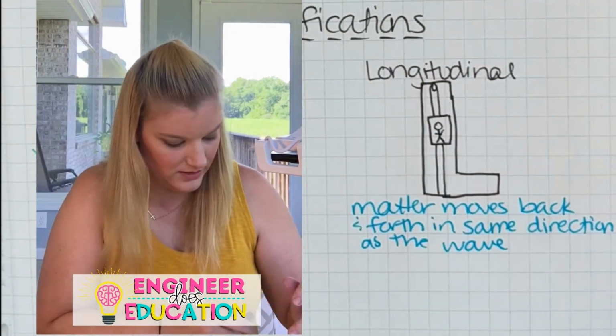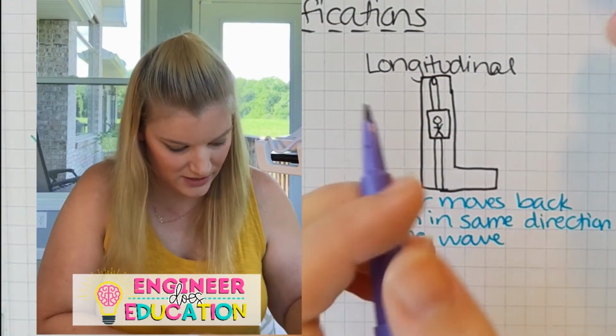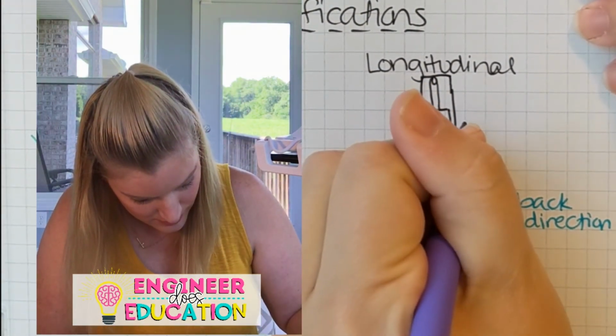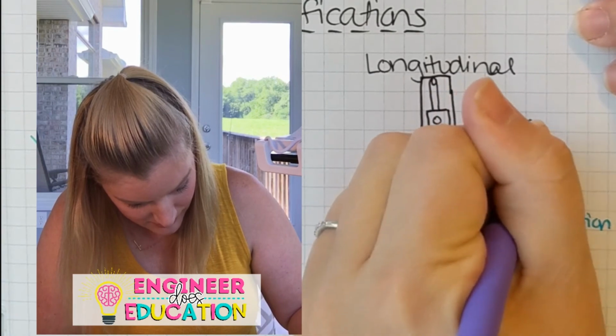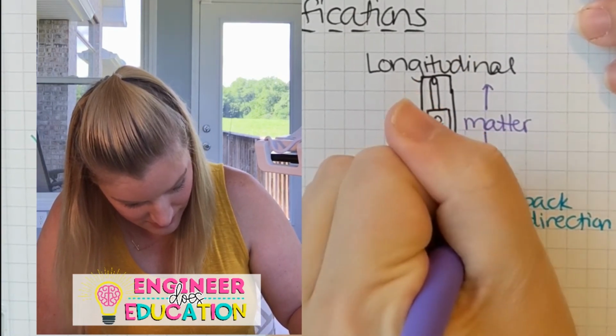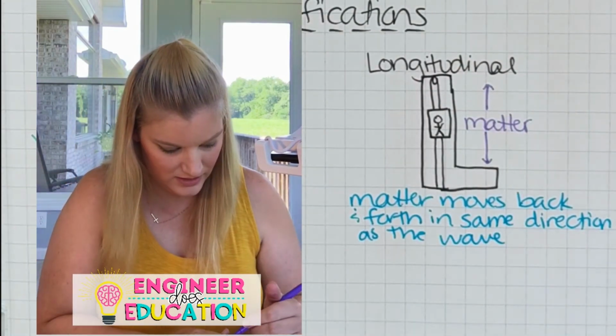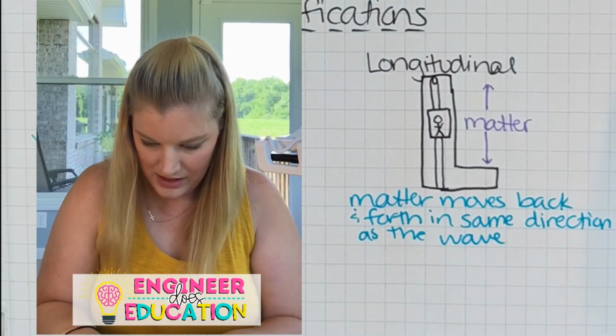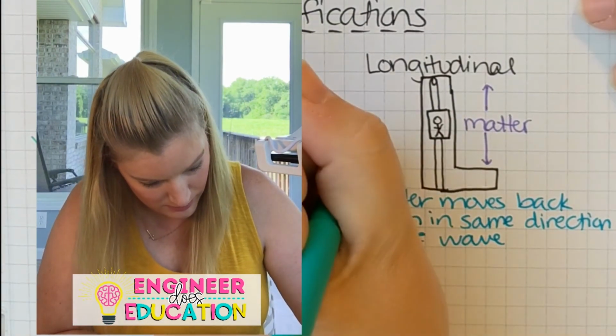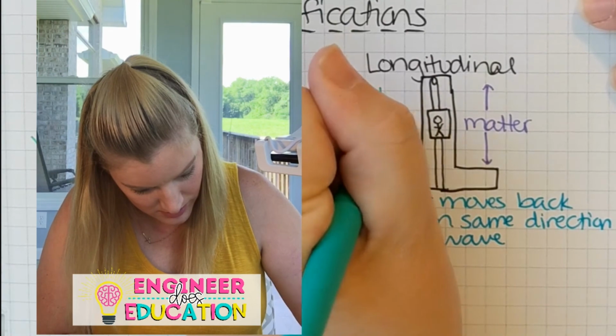Okay, I'm going to use the same colors that I did over here. So matter, which is now my stick guy's name, is moving up and down, and my wave is moving up and down.